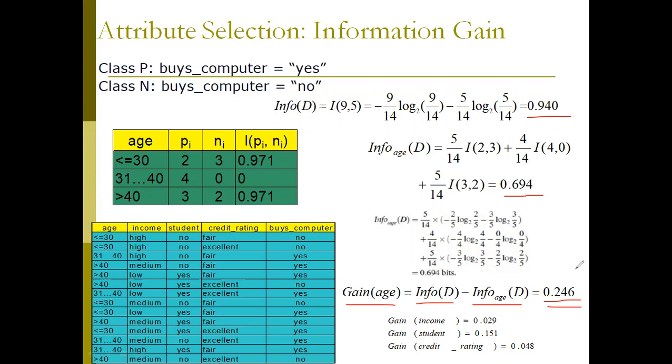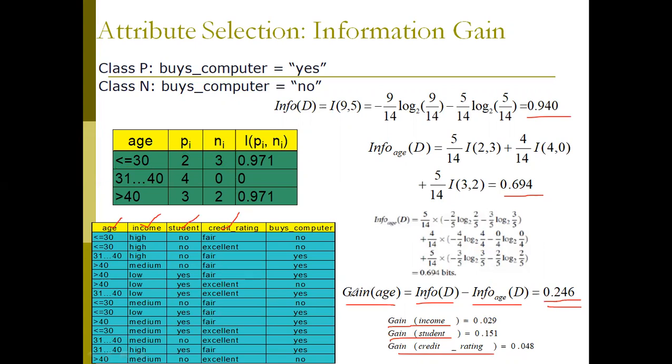In the same manner, you are going to calculate the gain for income, gain for student, gain for credit rating. So how many attributes do we have? Age, which we have calculated already, and for income also you can substitute the same formula, student, credit rating also.